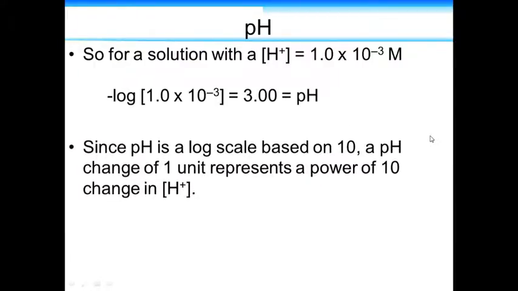One thing to note, when we use a log-based scale, it basically reduces our system by a power of 10.